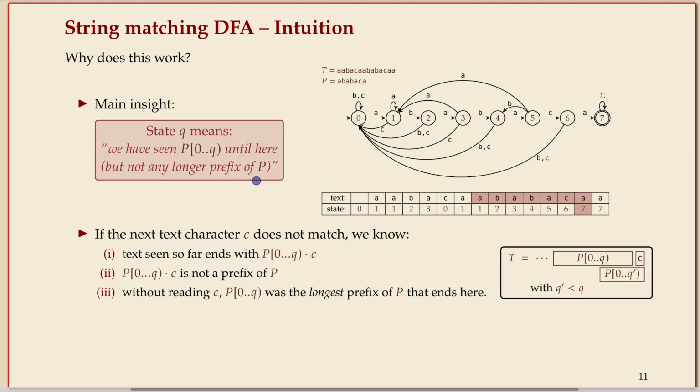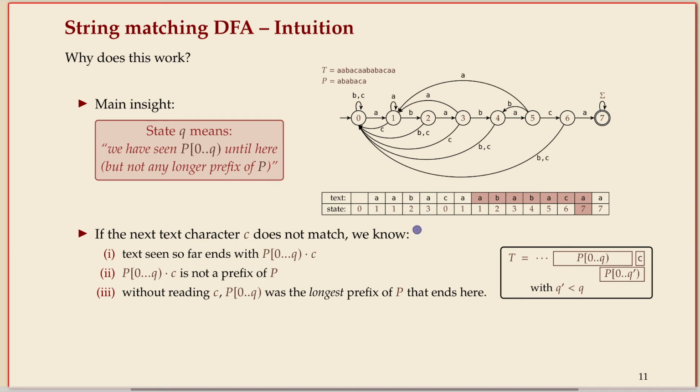So the state number is the length of the longest prefix of the pattern that's a suffix of the text we've seen so far. Anyone followed? I hope this is written somewhere here in roughly the same way. Well, this is maybe the shorter way to express it.